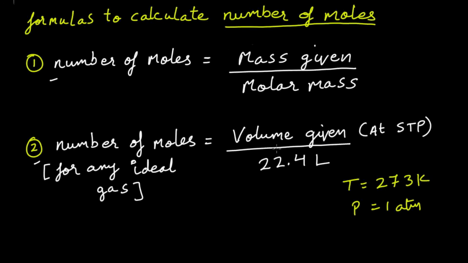So this formula is very simple. Number of moles is equal to volume given upon 22.4 liter. That's it. So these are the two formulas that you can use to find number of moles. By these formulas you can also find mass given, molar mass and volume, if number of moles are already given. Right? So we will take one or two simple examples using these two formulas.